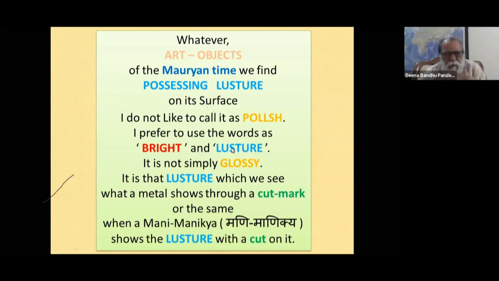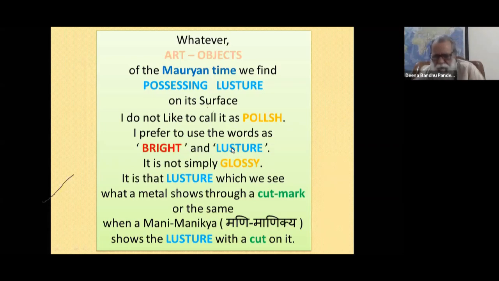With this view, I have studied the polish or luster, whatever people call it, and how it is to be known. And I will give the examples and the references also next.